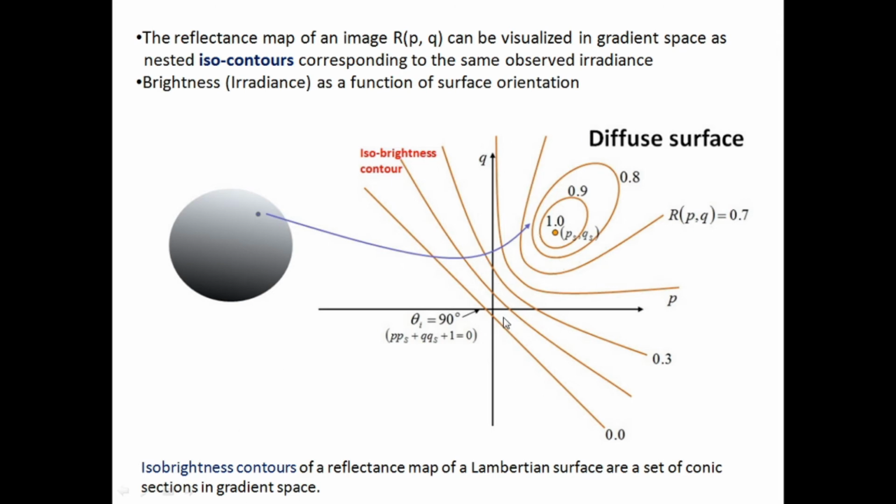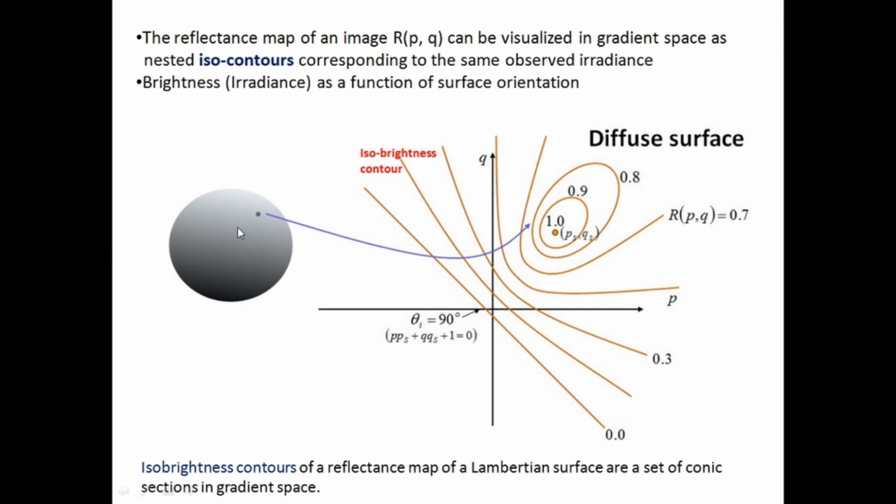Once you observe here, R of p comma q can be visualized in the gradient space, meaning R of p comma q is going to have some value. What is the intensity value, or brightness, or radiance you are expecting here? R of p comma q is 0.7.